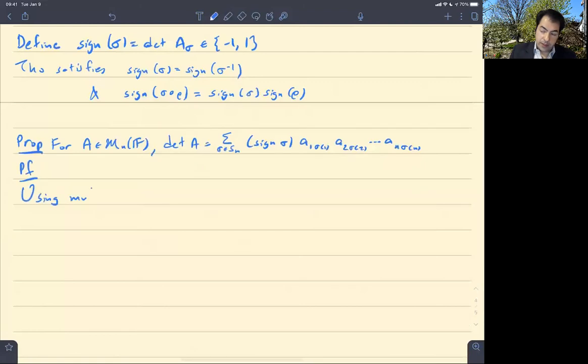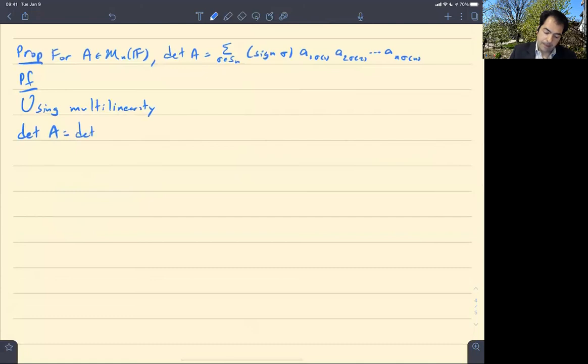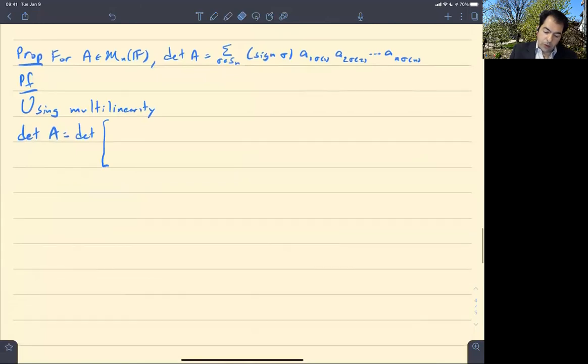Well, using multilinearity, what we can do is write the determinant of A where we look at each column and write it as a linear combination of the standard basis. Maybe it'll be clearer if we do that first.